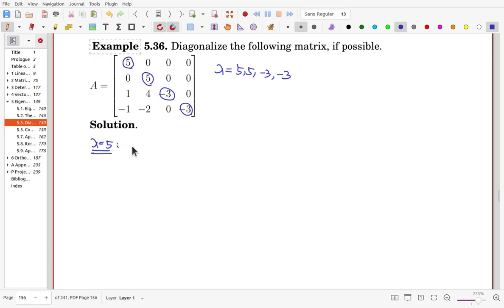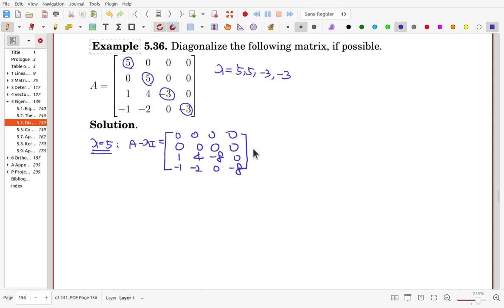A minus lambda I: 5 is subtracted along the diagonal, so that gives a row of 0, 0, 0, 0, another 0 row, then 1, 4, -8, 0, and -1, -2, 0, -8.